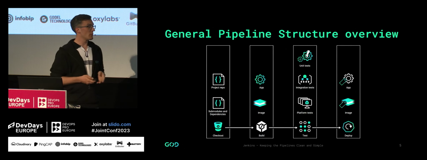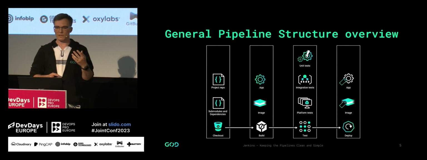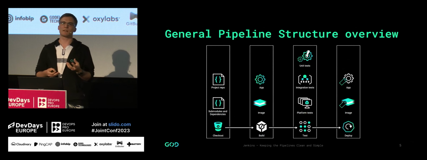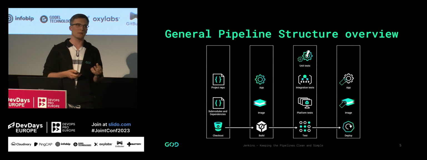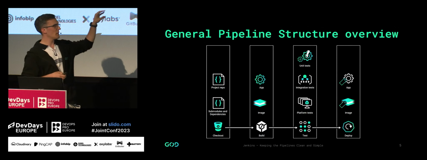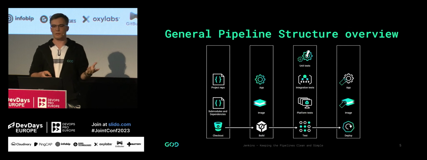The reason I'm showing you this is just to emphasize the fact that the exact implementation of those steps may be very different, but it helps to fit them in those categories, because later your life will be easier.